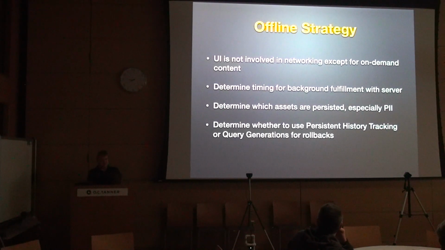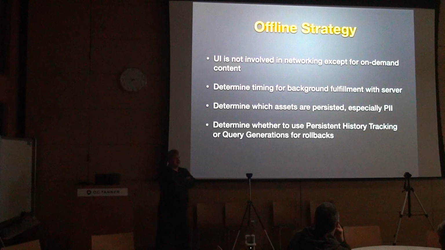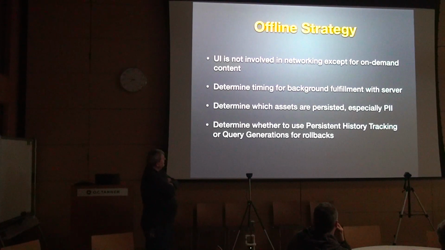Another is determine if you want to use persistent history tracking or query generations for rollbacks. Okay, boy, that's a little intense. So what this means is, let's say that you've gone partially through a bunch of steps and you've persisted things, and something goes wrong through half the steps.